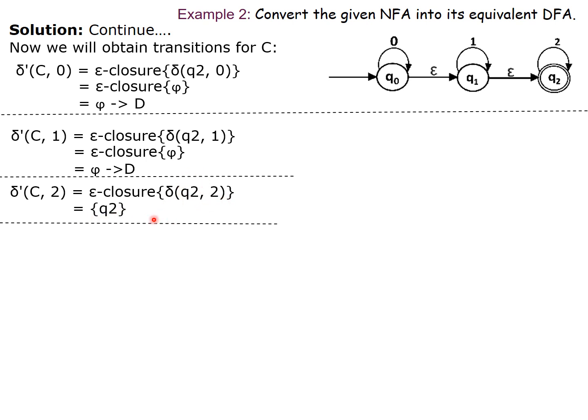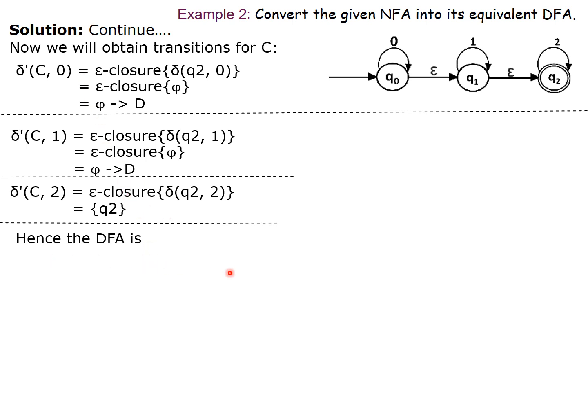Epsilon closure of Q2 is Q2 itself, which we already named C. We have not got any new state after this. Except D, which is a dead or rejecting state that rejects any combination of 0 and 1 that comes. Once the process is over and there is no more new state obtained from C, you can stop the process.